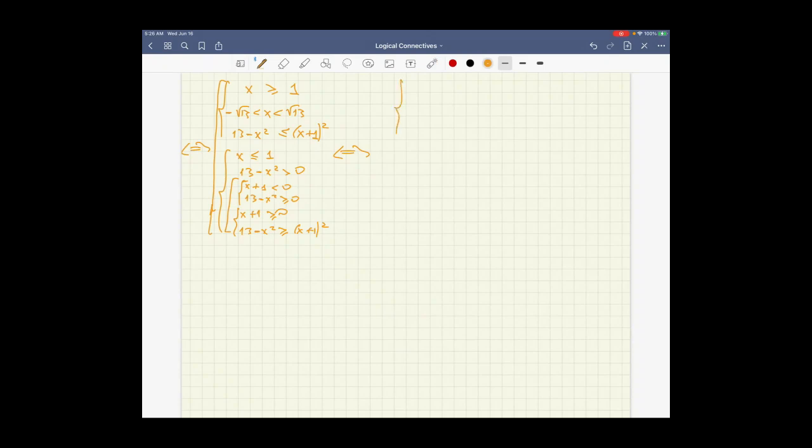So I can have this as x greater or equal than 1, x between negative root 13 and root 13, and otherwise x is either less or equal than negative 3 or greater or equal than 2. That's what this system gives me.